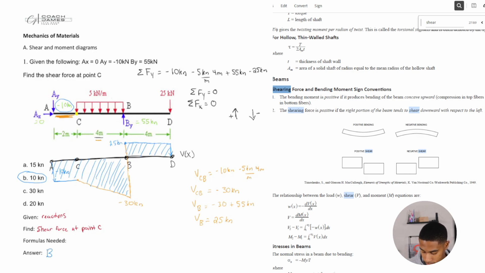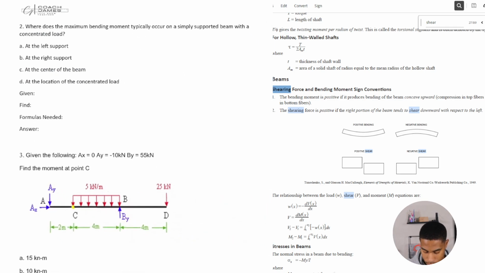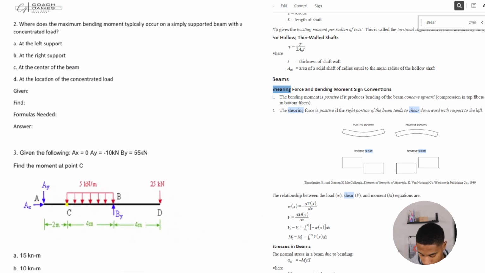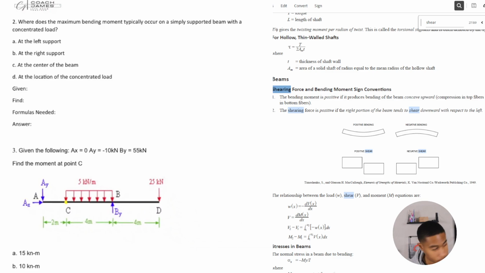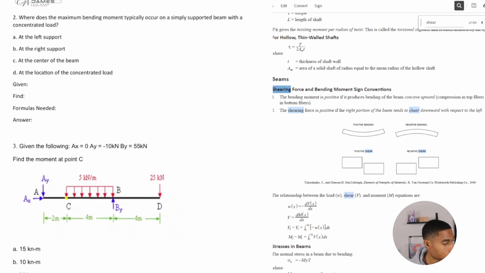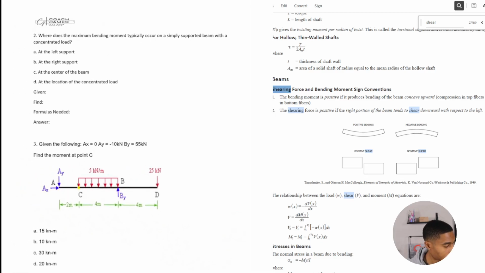All right, let's look at number 2. Number 2 says, where does the maximum bending moment typically occur on a simply supported beam with a concentrated load?